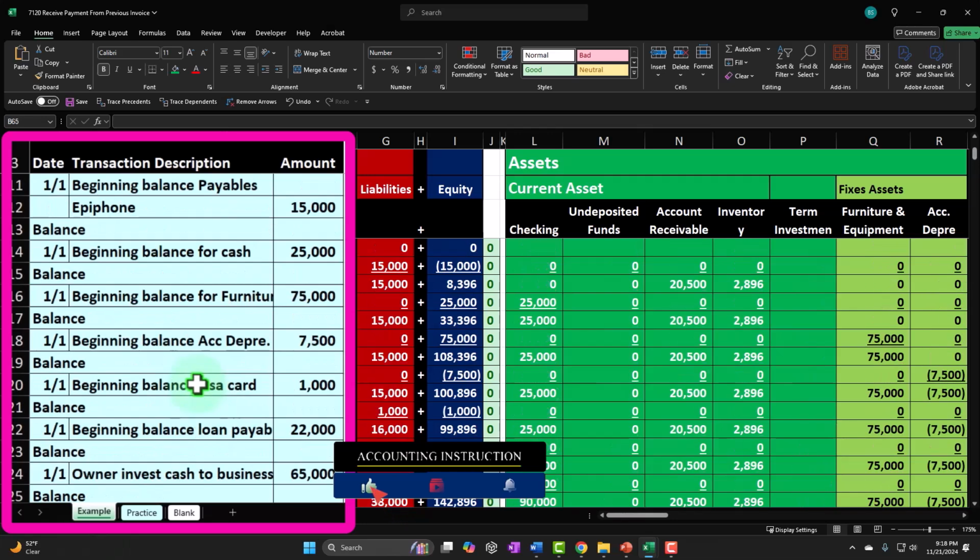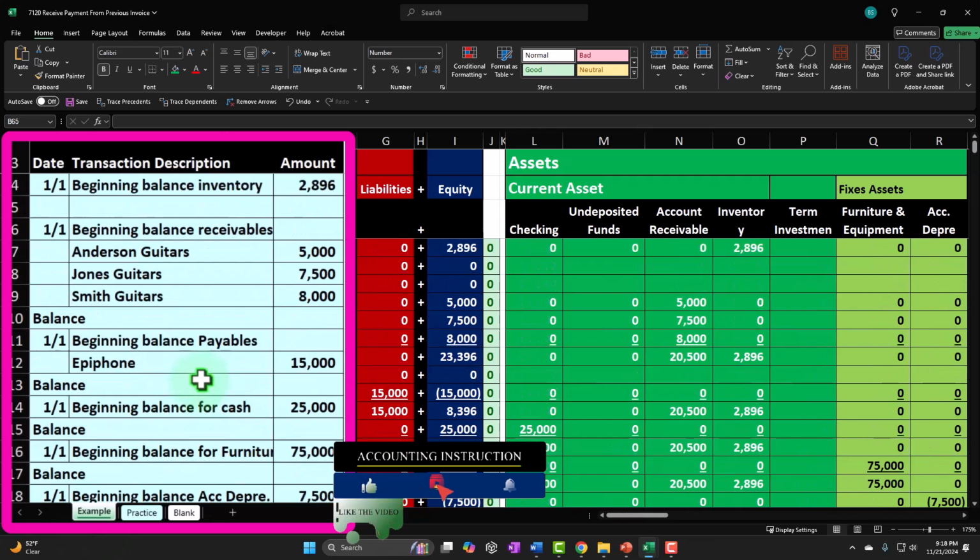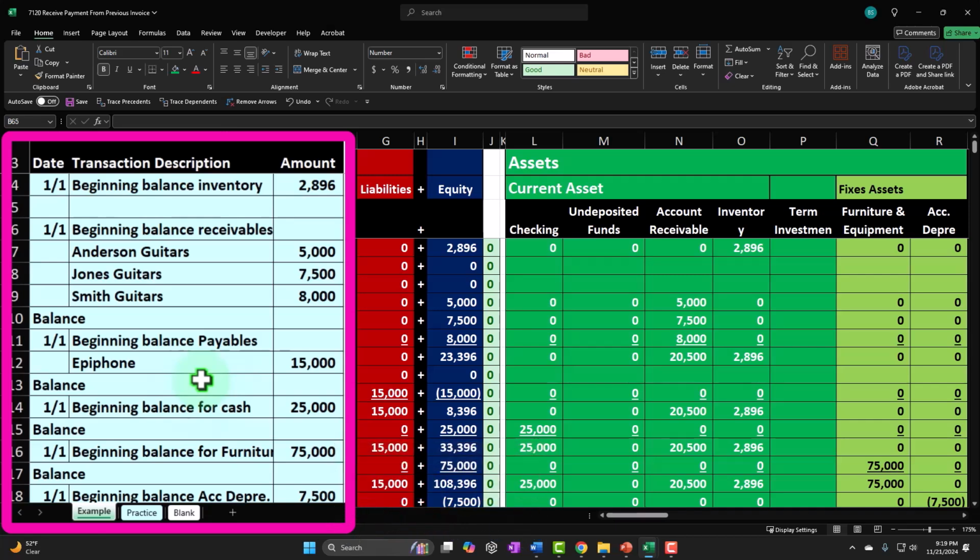Quick recap of what we have done thus far. We've been entering transactions starting with the beginning balance transactions, imagining we had a prior accounting system, at least to start out the business, which we then entered as our beginning balance using the accounting equation as basically our trial balance, which we can then use to construct our financial statements from.